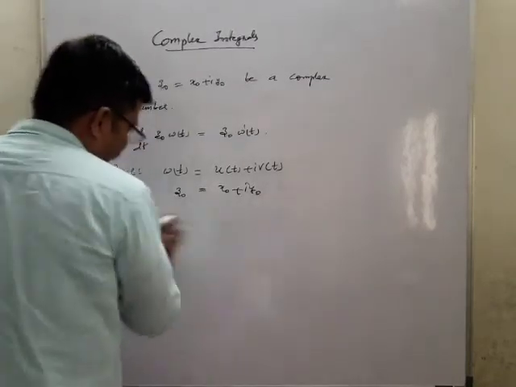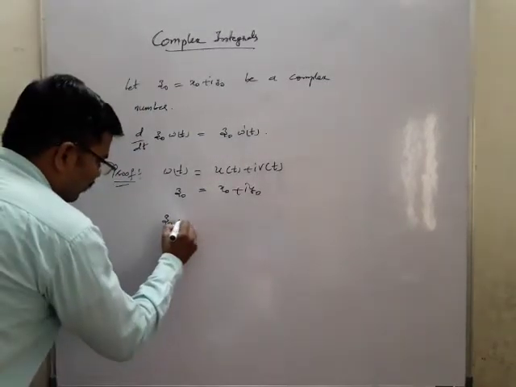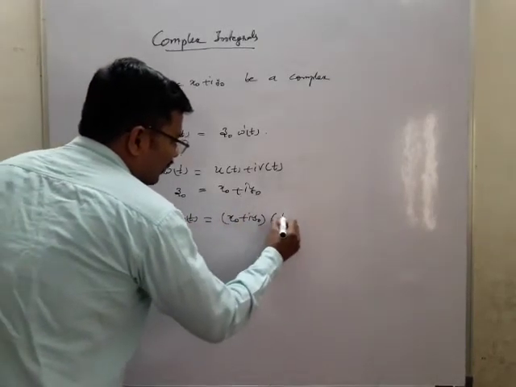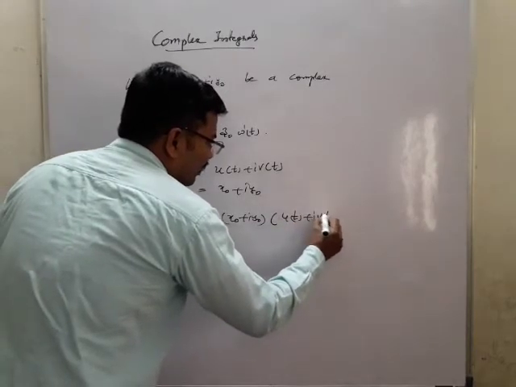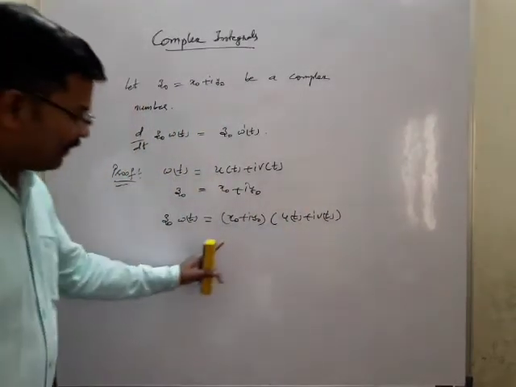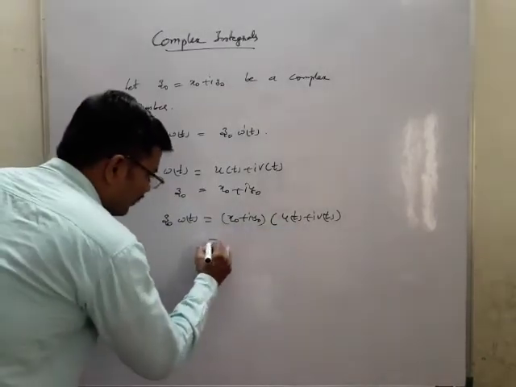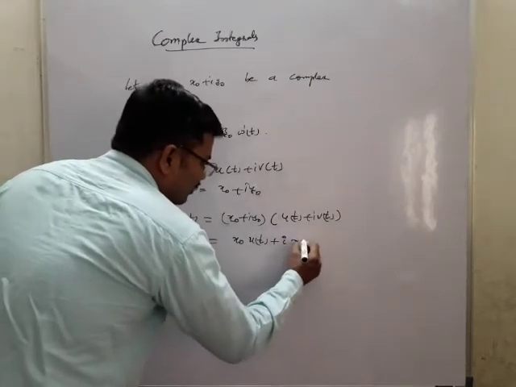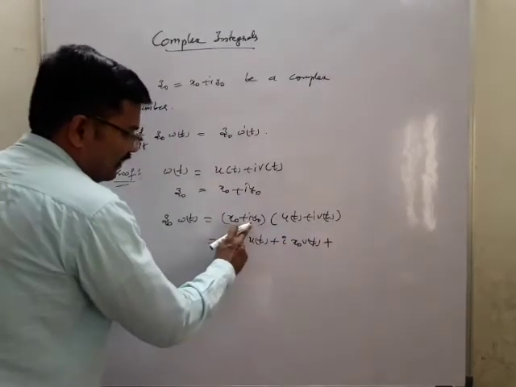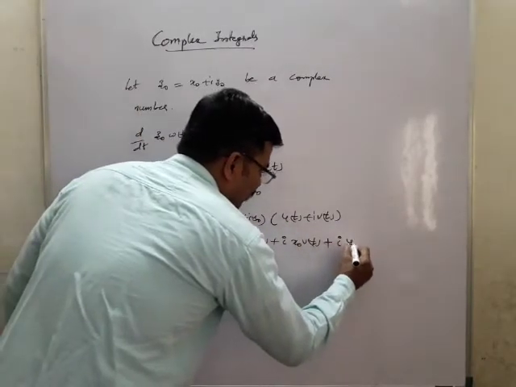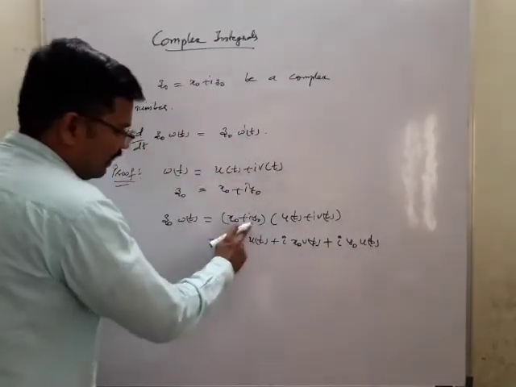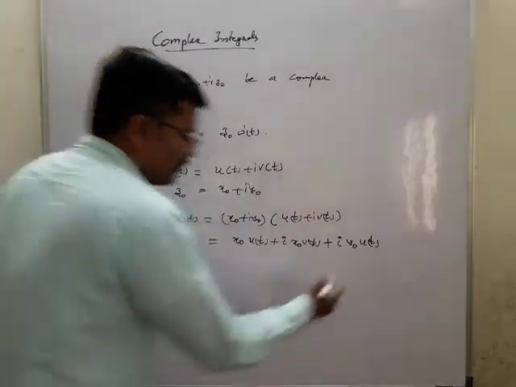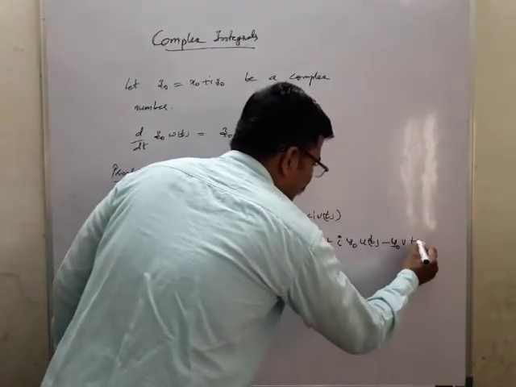So z naught into W of t is equal to x naught plus i y naught into u of t plus i v of t. I'll multiply this x naught inside. Therefore this becomes x naught u of t plus i into x naught v of t plus i into y naught u of t. And i into i is i square, so it becomes minus y naught v of t.